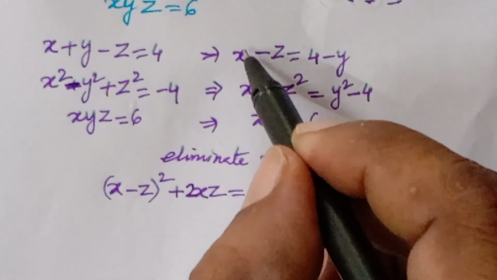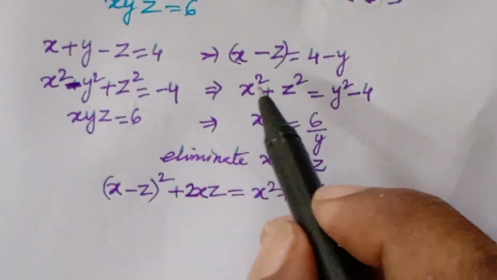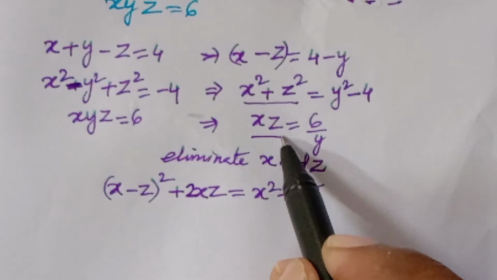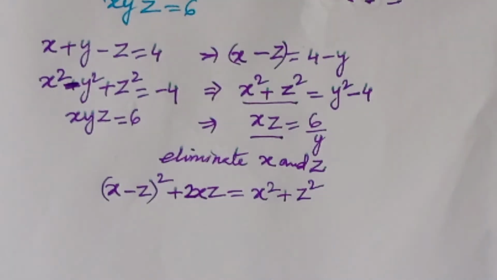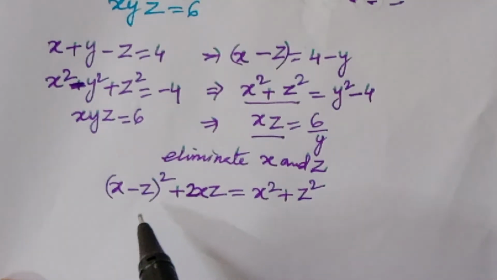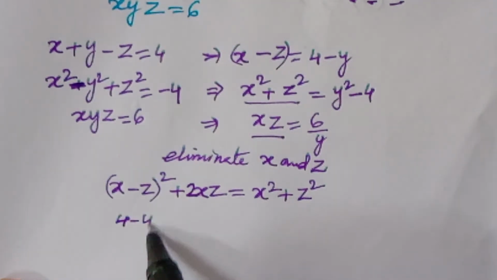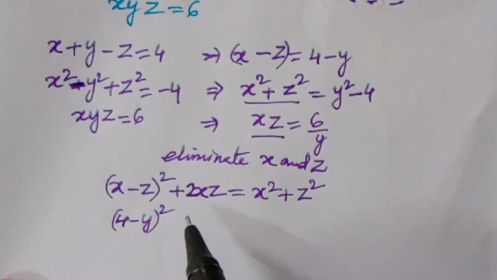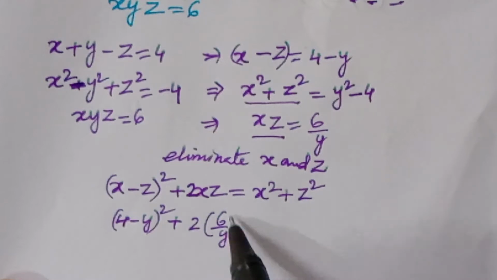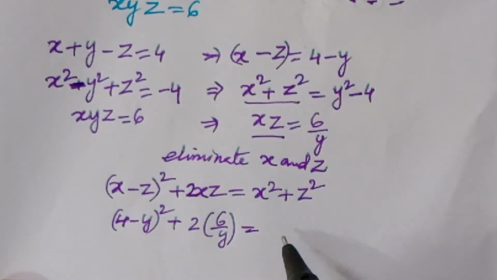Here we have the x minus z value, here the x square plus z square value, and here the xz value. You can eliminate x and z, and you will get the answer in y. So what will we get: x minus z value, 4 minus y whole square, plus 2 into 6 by y, is equal to y square minus 4.